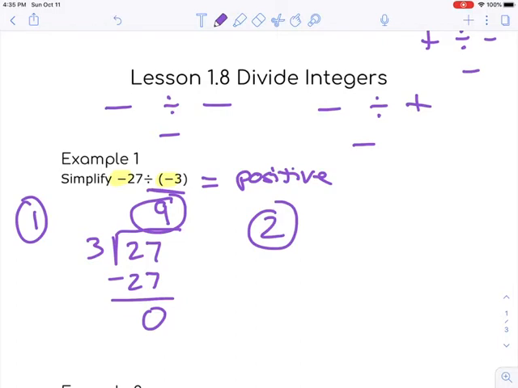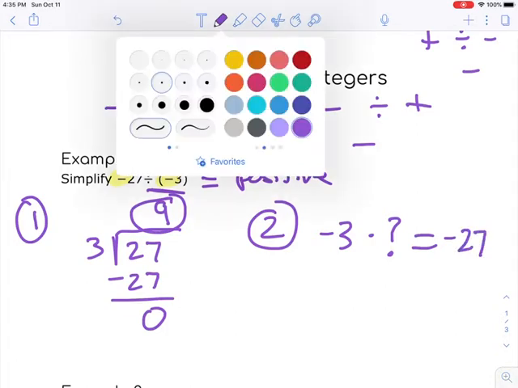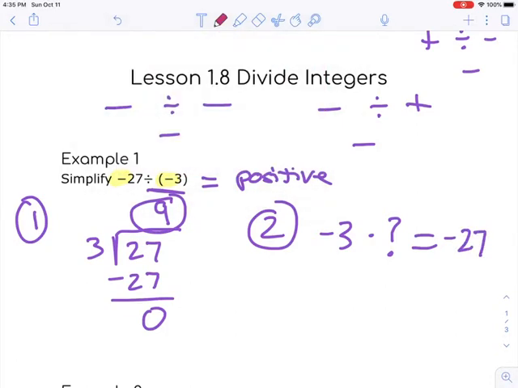The second way we can do this is to think about it in terms of multiplication. So in this case, you have negative 3. You're going to ask, what times negative 3 equals negative 27?